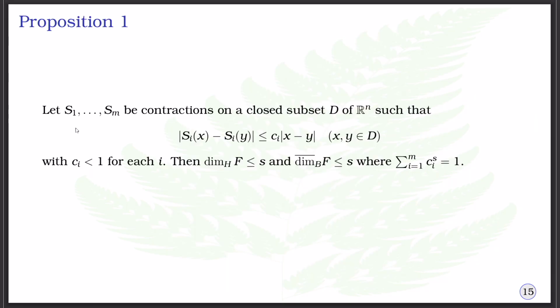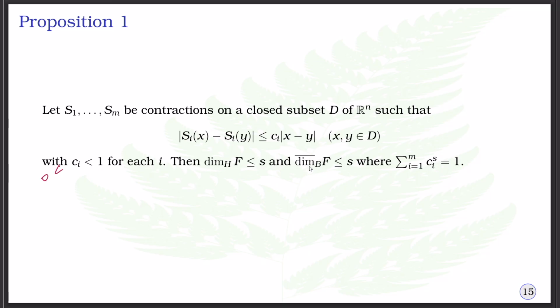That means S1, S2 up to Sm are m contractions on a closed subset D of R power n, such that they satisfy this equation: the distance between the images of x and y under the mapping Si is less than or equal to Ci times the distance between x and y, where Ci is strictly less than 1 and greater than 0.